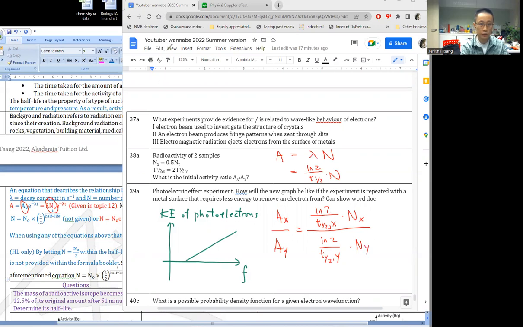And if we now cross out the ln2s, NX meanwhile equals 0.5 NY, and then T half X is 2 T half Y. You can further cancel the NYs like this, and then cancel the T half Ys like this. So we are only left with 0.5 over 2, and that translates to 1 over 4, which corresponds to choice A being the correct answer.